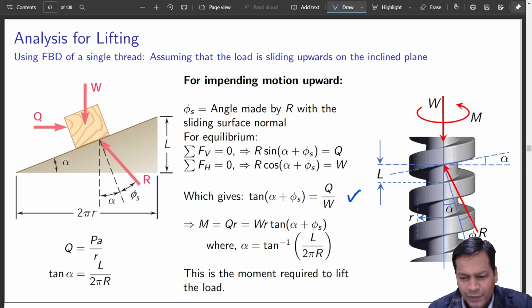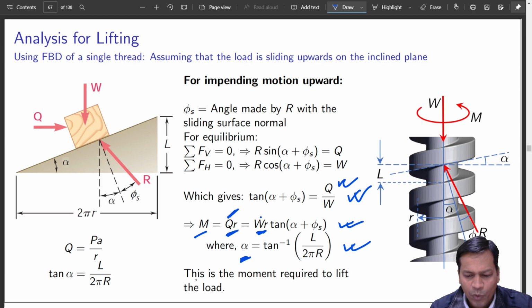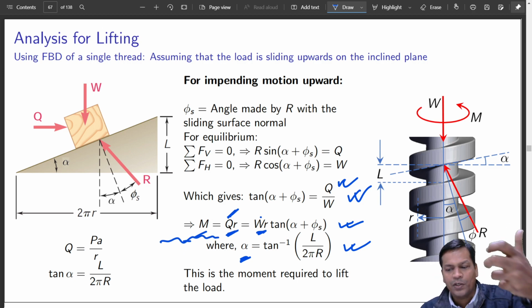I can write this, and ultimately moment is equal to Q r is equal to W into r. So is it quite okay? Q r, I have just substituted Q from here. From here Q is substituted here, you got this, and then you can extract alpha should be equal to tan inverse L by 2 pi r. This is the moment which is required to lift the load. M is what? M is the moment which is required to lift the load.